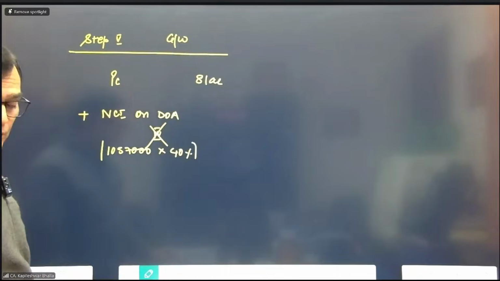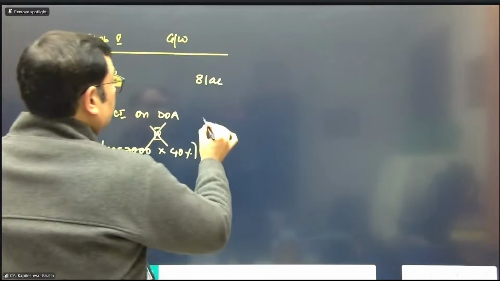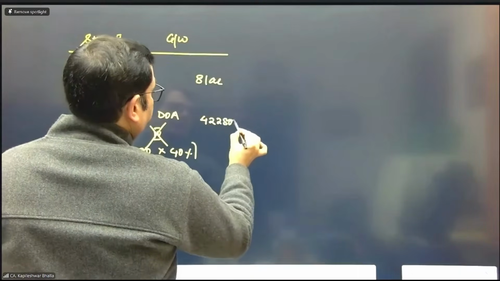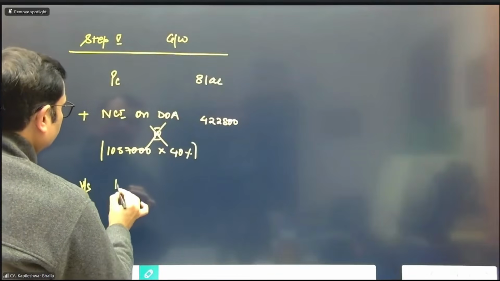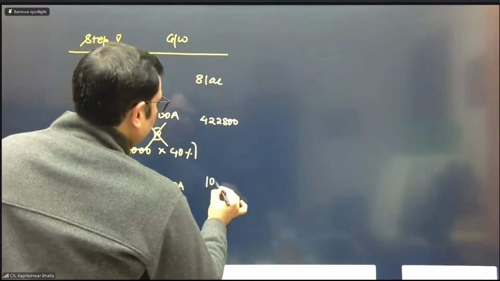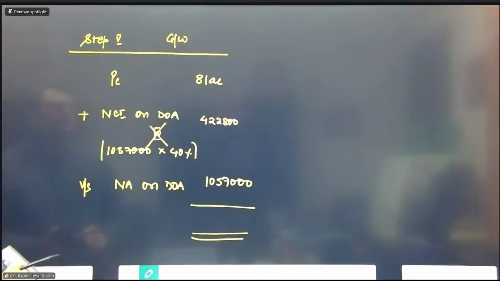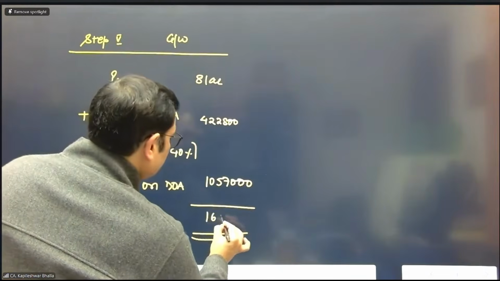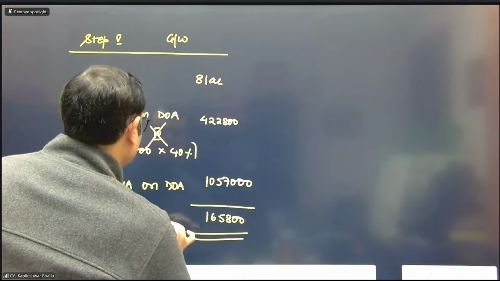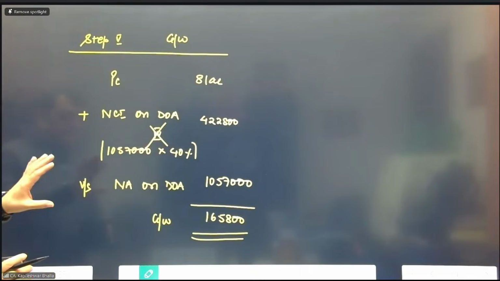That is the NCI on acquisition date, 422,800. And this is to be compared with the net assets on date of acquisition, 1057 again, without reducing dividends. So we will get the goodwill or the capital reserve as the case may be. So 165,800 is the amount of goodwill in this case. Great. Okay, so step number 5 is done.